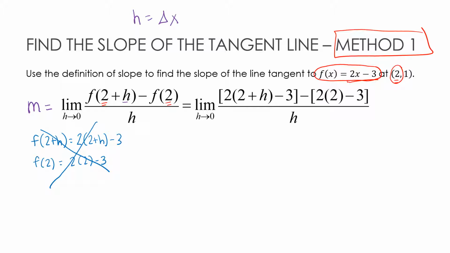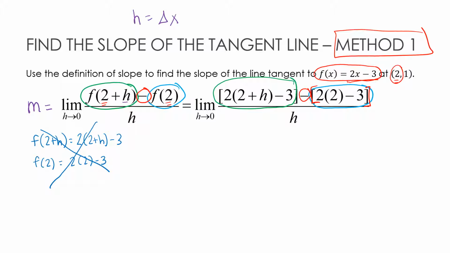And I just want you to notice that I replaced this with all of this, and that f of 2 I replaced with all of this. Keep in mind there's a subtraction in between, and that's why it was important for me to keep this in brackets or parentheses, either one, so that you knew that I'm subtracting the entire thing.